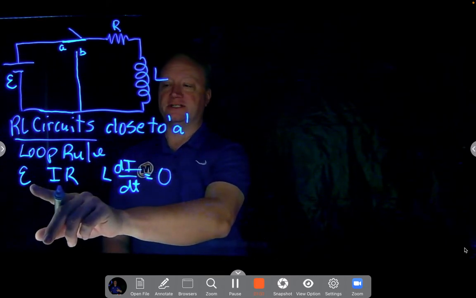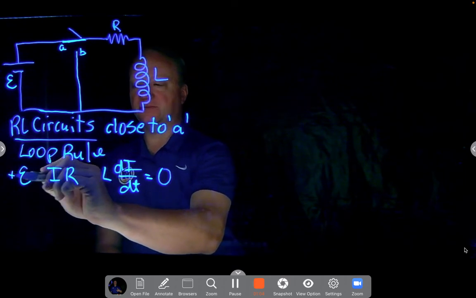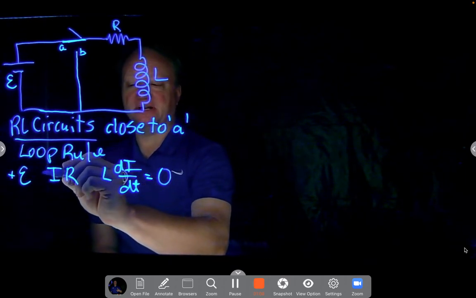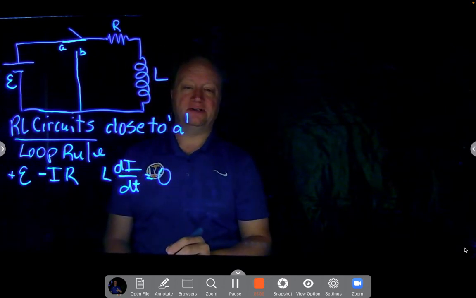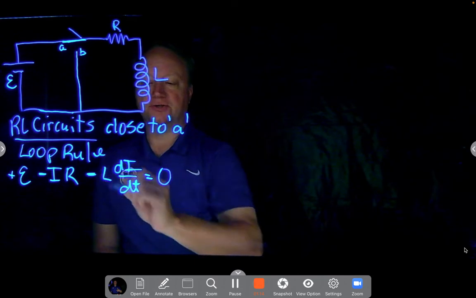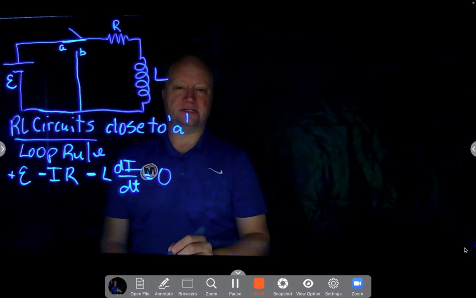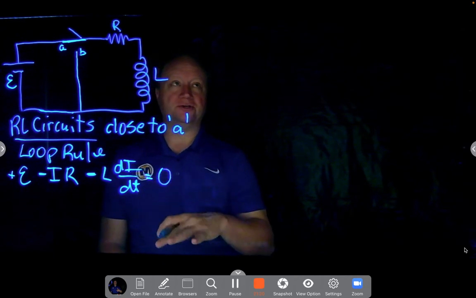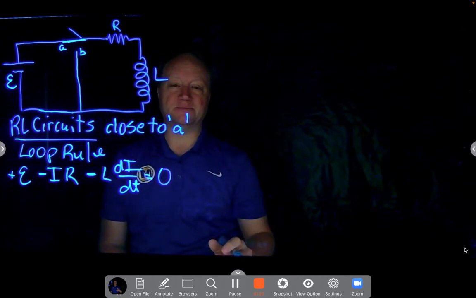Your battery is supplying voltage, so it's going to be positive. Your resistor is dissipating, so that's going to be negative. And your inductor is storing, so that's also going to go in as a negative. That's going to suppress or delay the buildup of current.